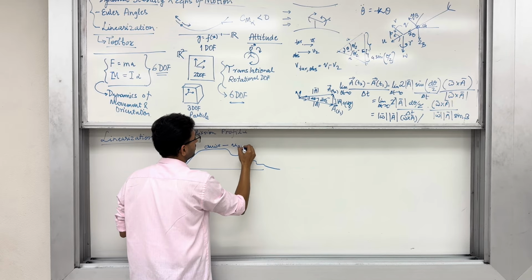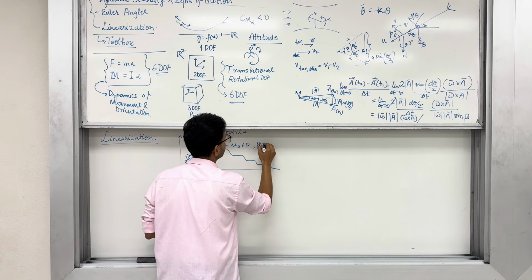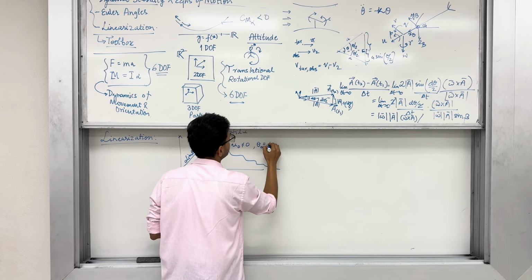My u is going to be non-zero and I am going to be flying at some theta naught, which will be same as alpha naught, and this would be non-zero, a stable cruise condition. V naught, w naught, q naught, r naught, p naught, all of these are 0: no side slip, no up down motion and no rolling, yawing or pitching.